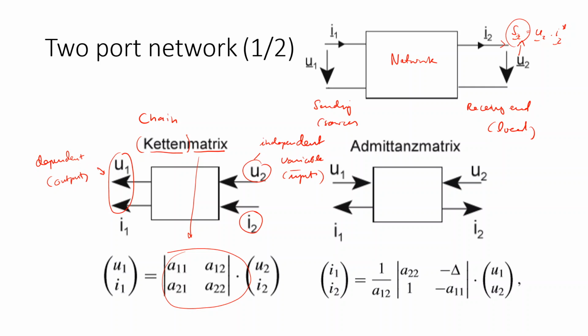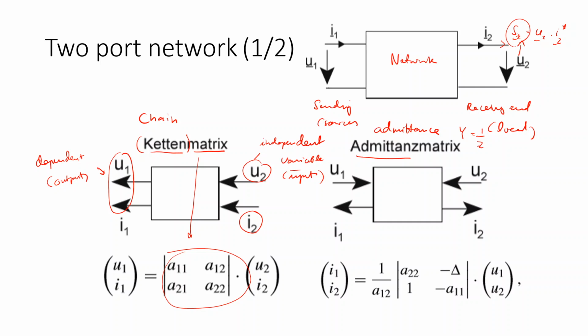If we are trying to link between U and I, meaning the voltage and the current, the relationship is called the admittance matrix. Admittance is Y, right?